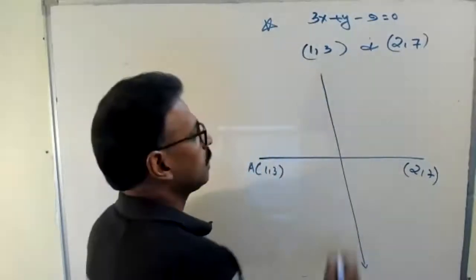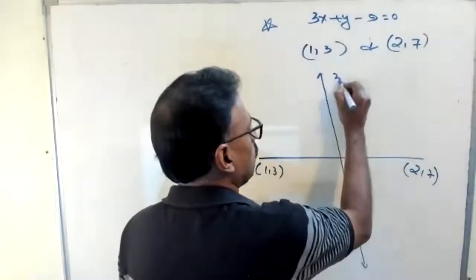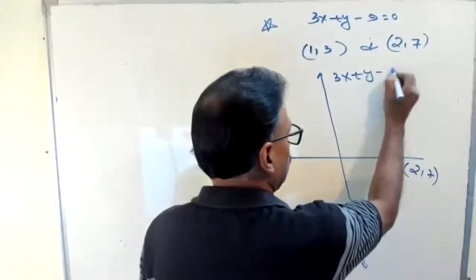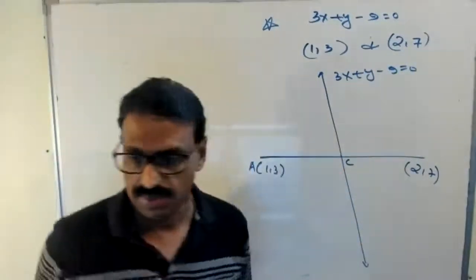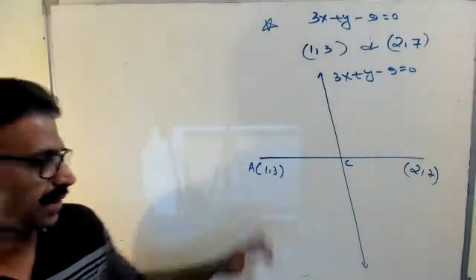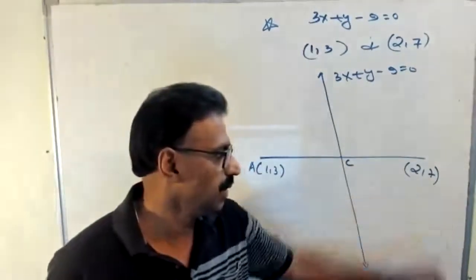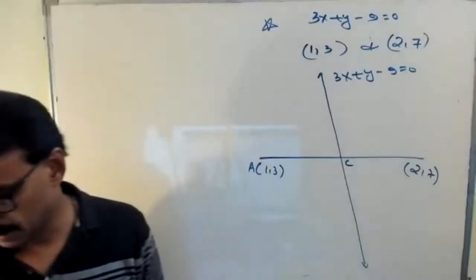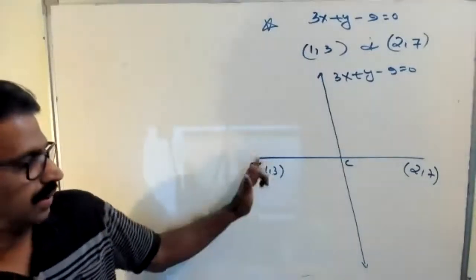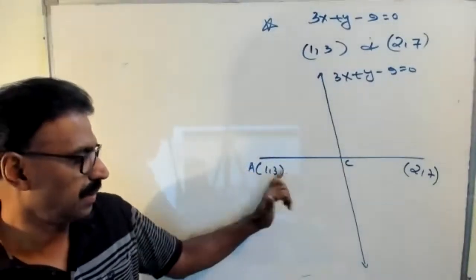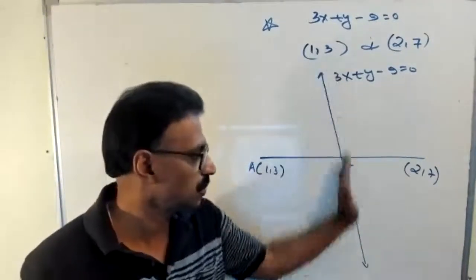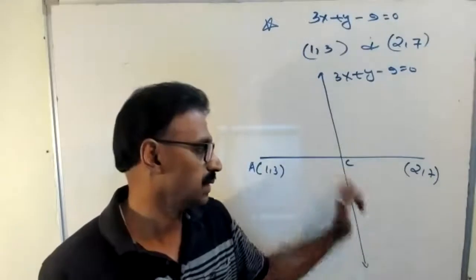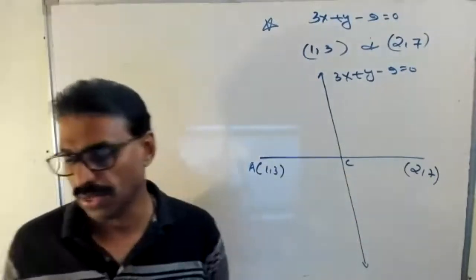This line is 3x plus y minus 9 equal to 0, and it intersects the segment at point C. We have to find the ratio AC is to CB. The line segment joining A and B is intersected by this line at C. Question clear now?